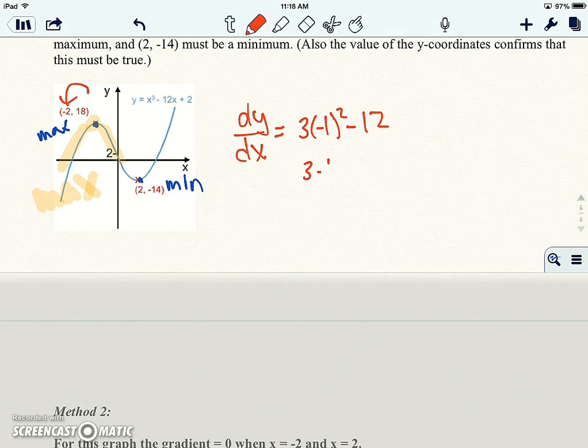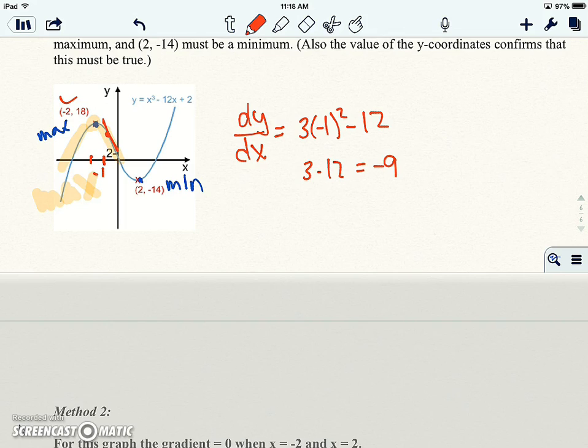So that'd be 3 minus 12, or negative 9. I found the slope right here is negative 9. So that's a negative slope.